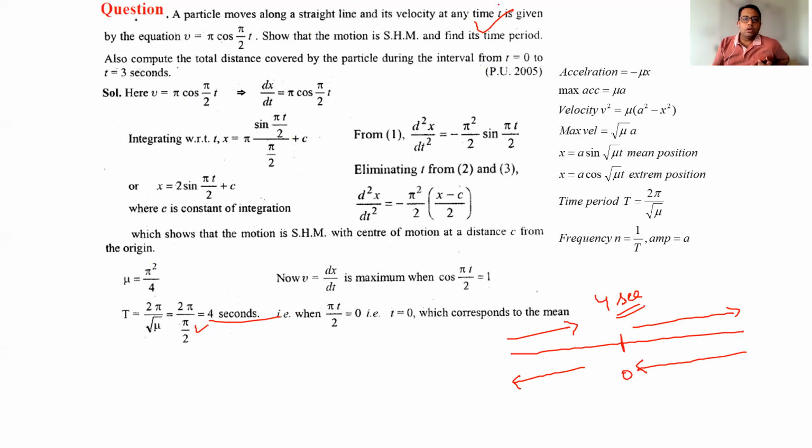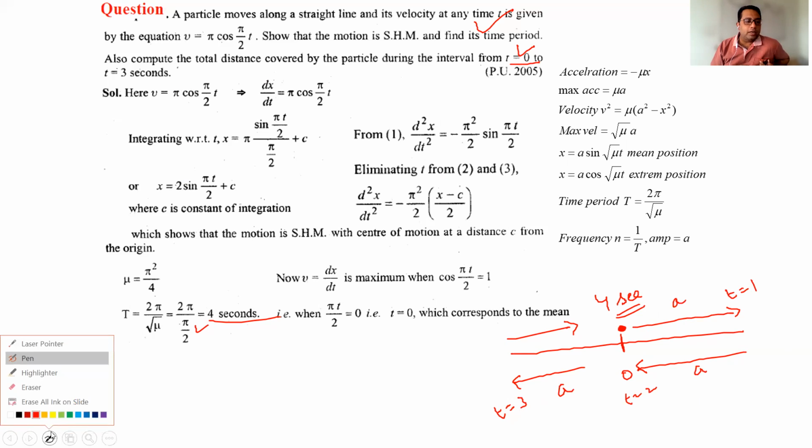Now we have to find the distance covered in 3 seconds, from t equal to 0 to 3 seconds. Suppose the particle starts from this position: at t equal to 1 second it will be here, at t equal to 2 seconds it will be here, and at t equal to 3 it will be here. So the distance covered by the particle is 3 times a, 3 times the amplitude. So what we need to find now is the amplitude.